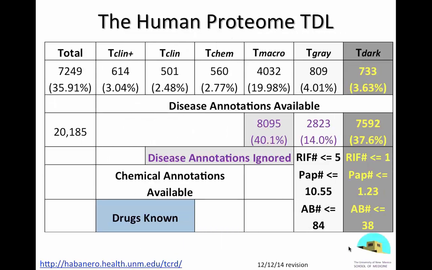So if we try to answer the same question for the entire proteome, regardless of target family, these are roughly the numbers. If we keep track of disease annotation, and this comes from the text mining system developed by Lars Jensen in Denmark, there's about 700 proteins in T-dark that have somewhat significant disease annotations, and then 800 in T-gray, and then 4,000 in T-macro.